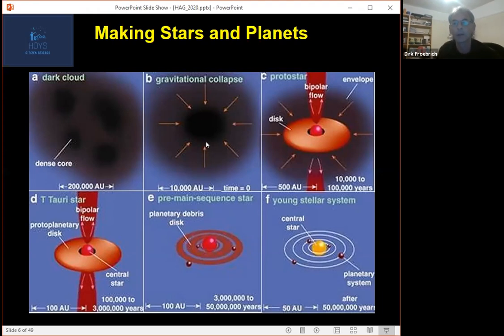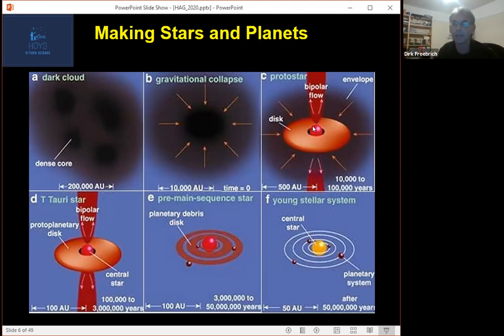Along the direction of the rotational axis, there is no centrifugal force, so material can keep falling to the center. And what happens is, hence, extremely quickly, you get this flattened structure around what will be the star at some stage later on. That originally looks like a donut, but we call that a disk or an accretion disk of material. So this disk forms very quickly.